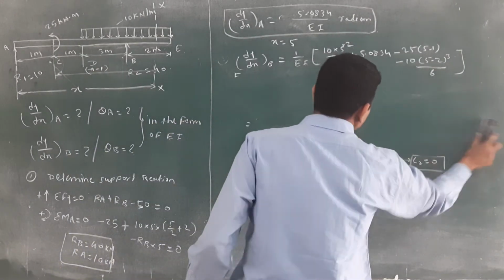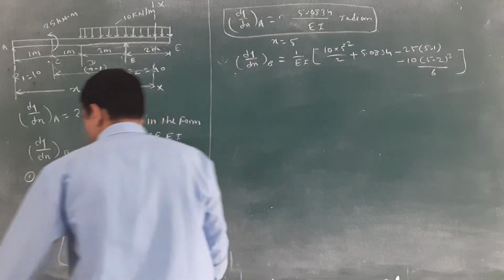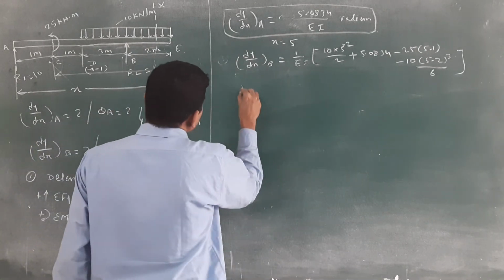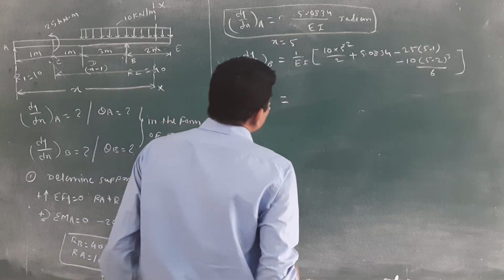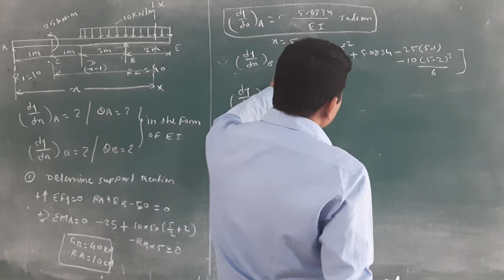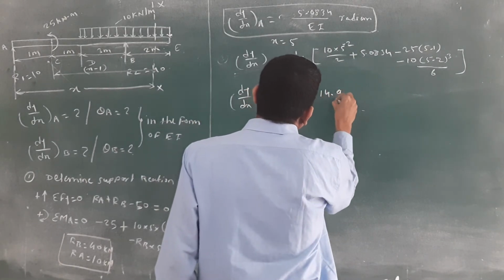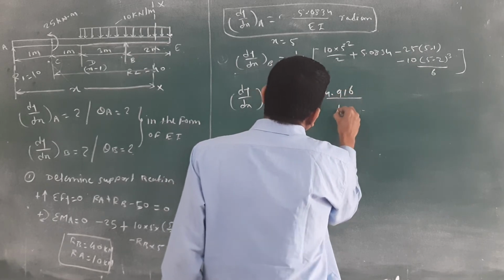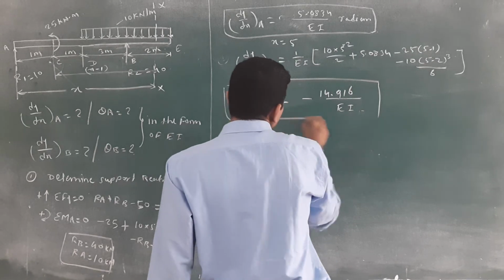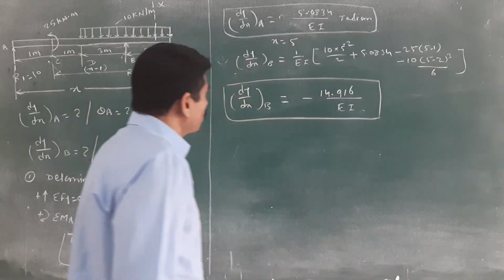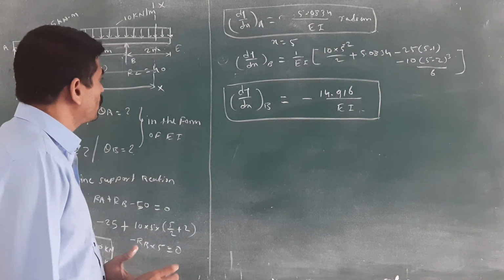Then equation number 2 will give dy by dx at B in the form of 1 by EI. This value you will get is minus 14.916 divided by EI. If you calculate this value, then you will get minus 14.916 divided by EI. In this way you have to solve the numerical.